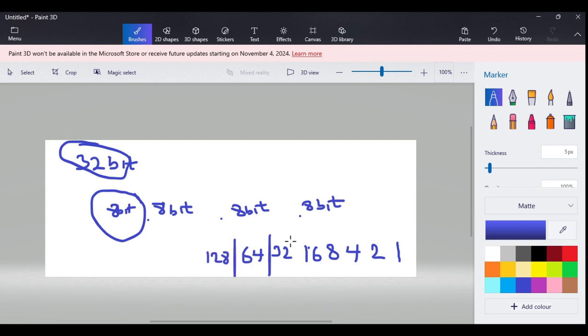So when I divide this into 8 bits, 1, 2, 3, 4, 5, 6, 7, 8, and I decide to turn on this 128 and this one here and turn off the others, I have 1 0 0 0 0 0 0 1.